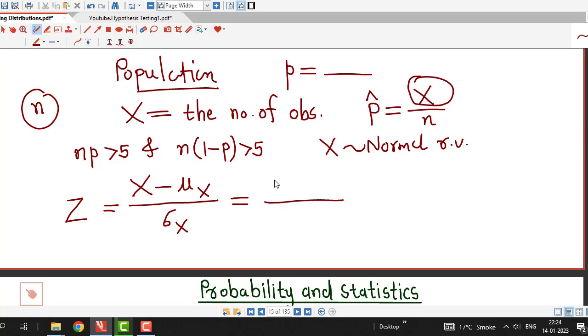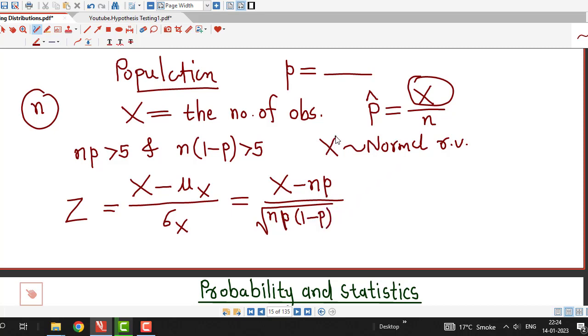Now what is the mean of random variable capital X? The mean is n into p for this variable X. And what is the standard deviation? The standard deviation is square root of n times p into 1 minus p.